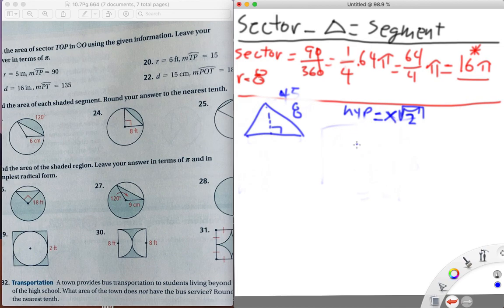We have 8 equals my leg times root 2. Divide both sides by root 2. So this is going to be 8 over root 2 equals my leg, top and bottom by square root of 2.